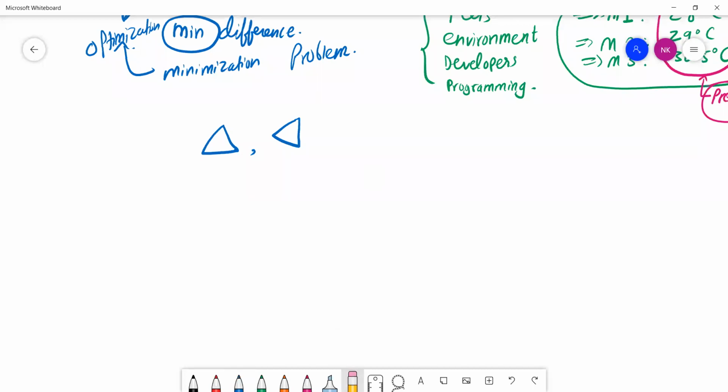Then what will be my next output? This is nothing but the pattern.